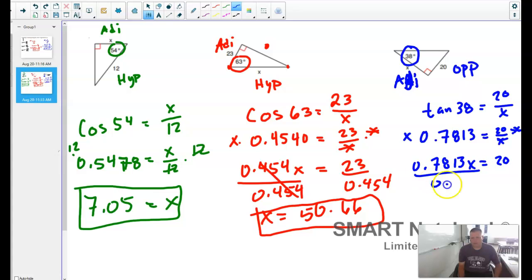And then divide by your 0.7813. And so I get x equals whatever that is, 20 divided by 0.7813. And so I get 25.60 if you round.